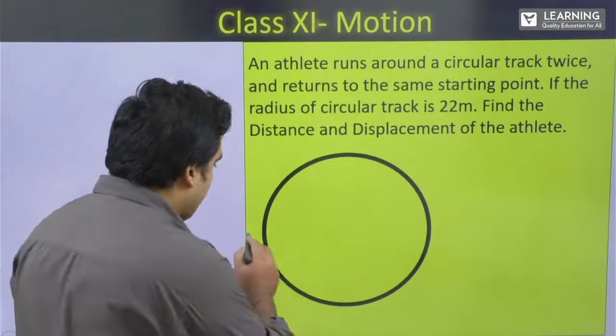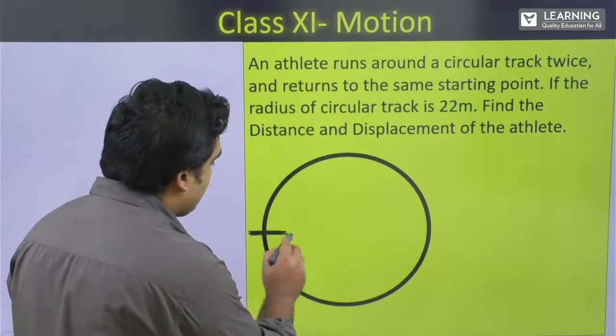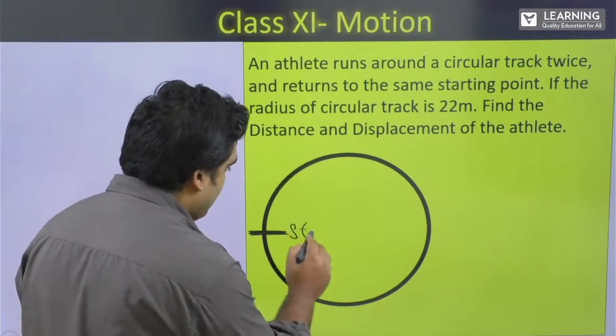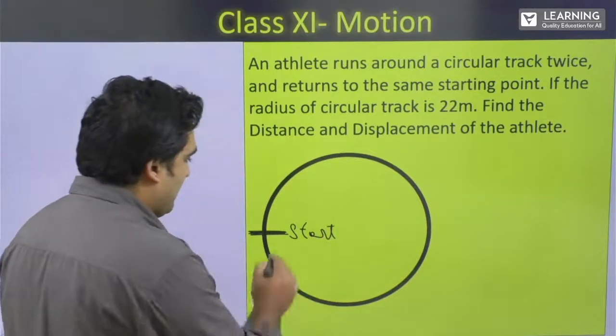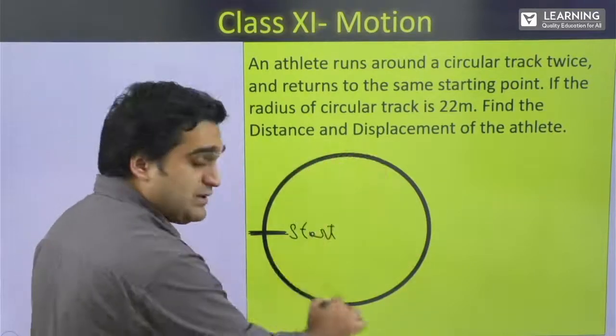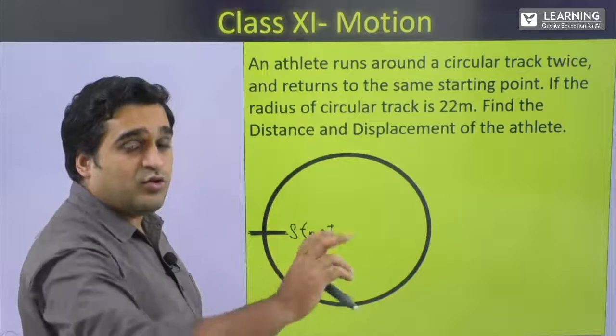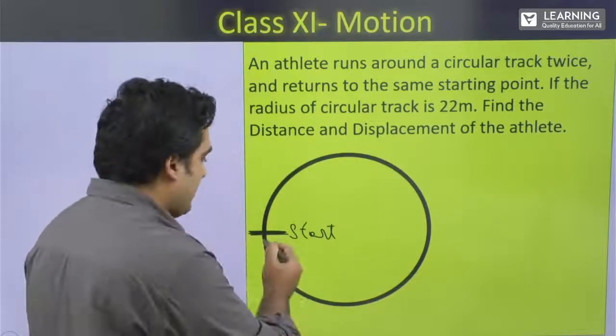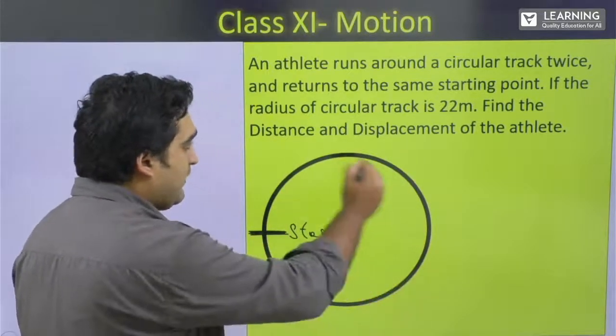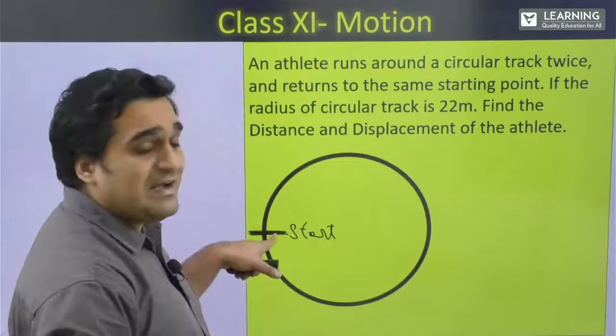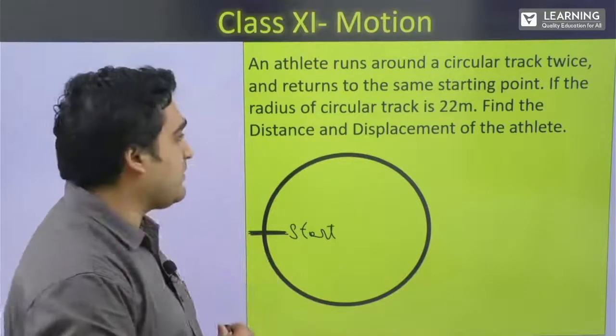So let's say an athlete starts from this point, goes round this circular track how many times? Twice. Okay, he goes round the circular track twice and eventually ends at the same starting point.